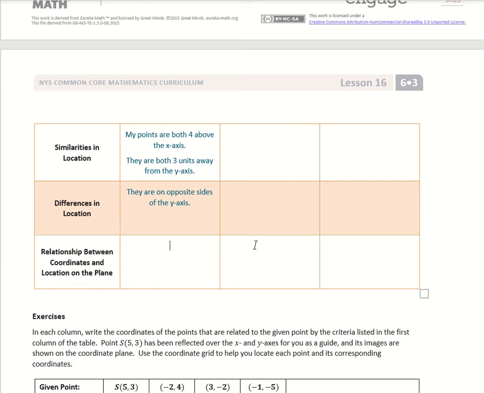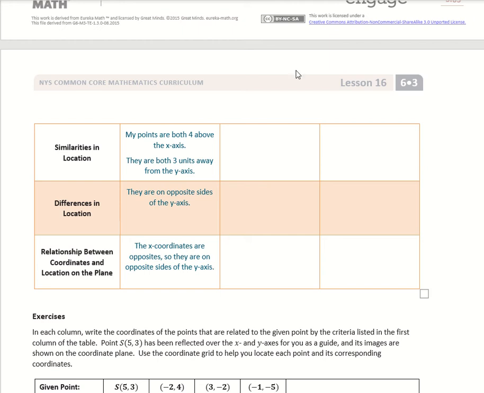The x coordinates are opposites. So when the x coordinates are opposites of each other, they're on opposite sides of the y-axis.